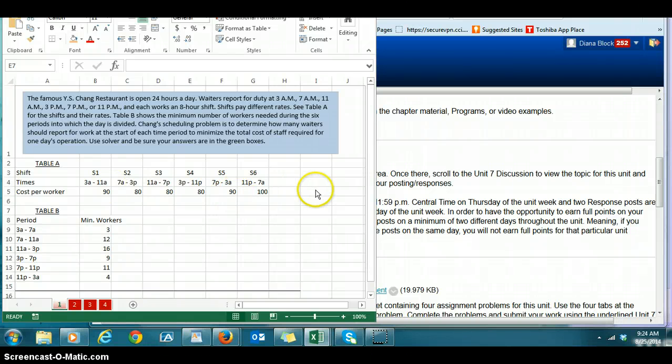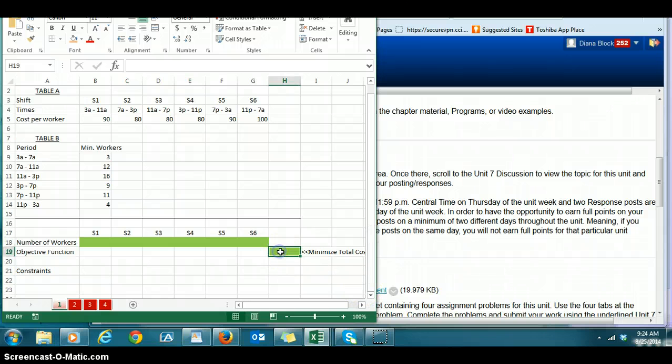So you're going to put a formula down here to minimize your cost of workers. So you're going to have your objective function, which is your cost per worker times the number of workers. And then you'll have the sum product. Well, I'm sorry, let me say that correctly just so nobody's confused.